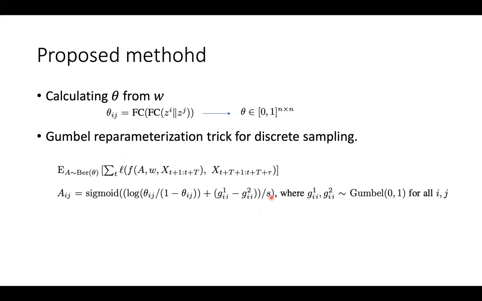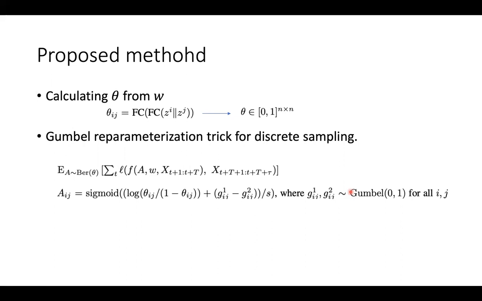I see. Is it similar to the Gumbel softmax? The output from the Gumbel distribution, this GIJ1 or GIJ2, they are just 0, 1. Is that the case? Yeah, Gumbel softmax is a case where, for example, the output label is not only 0 and 1, it can be multiple classes.